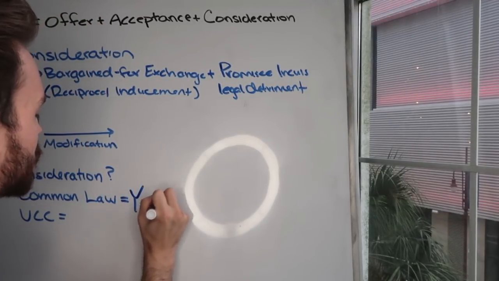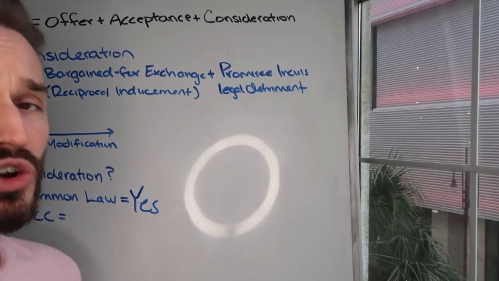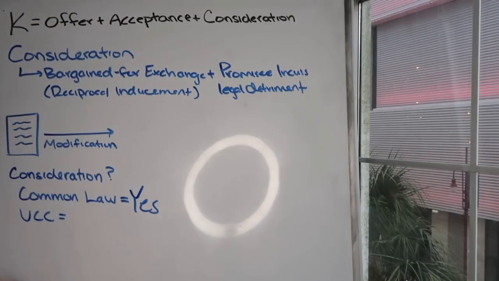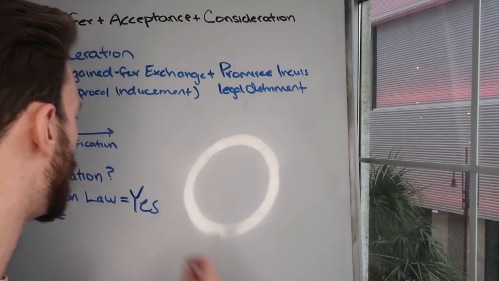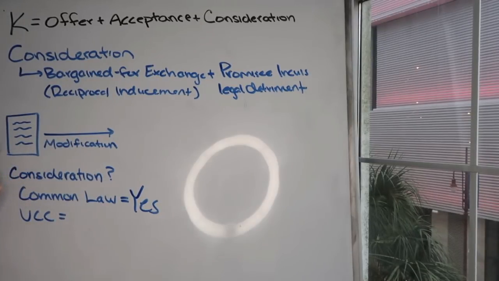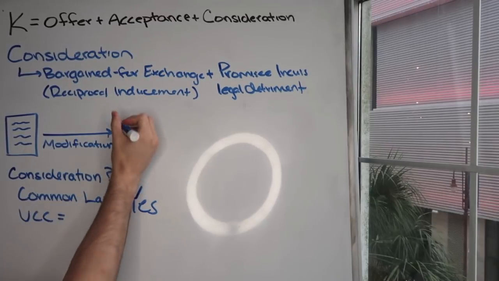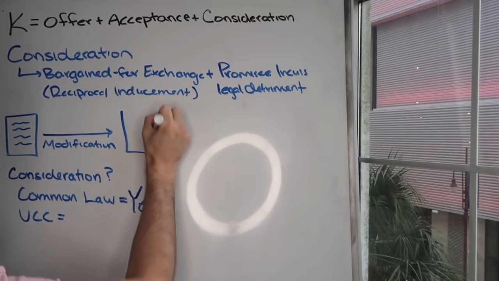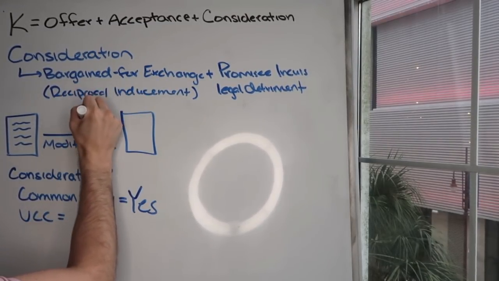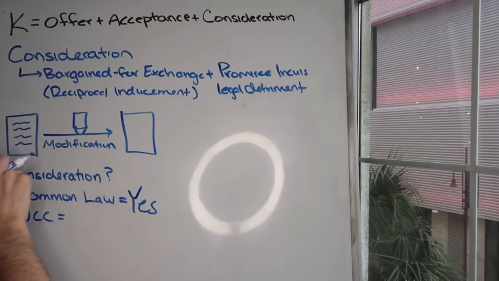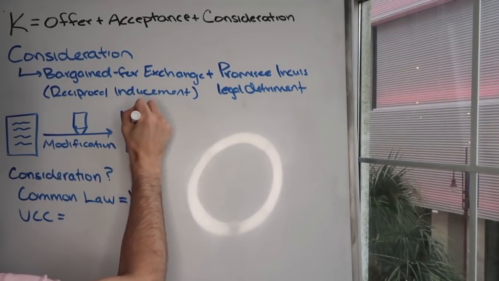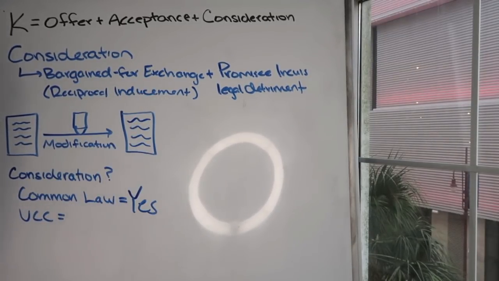The common law says that if you're going to modify an existing traditional enforceable contract, so here's our existing contract, and you want to add some clause, some term, or change or alter it in any way.